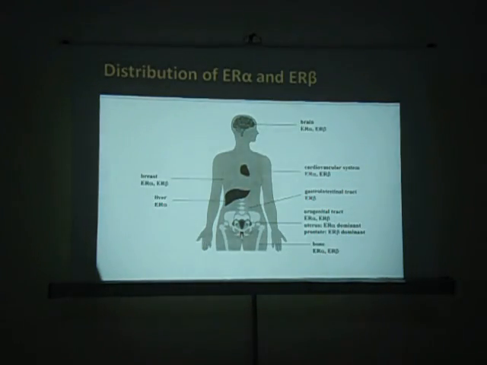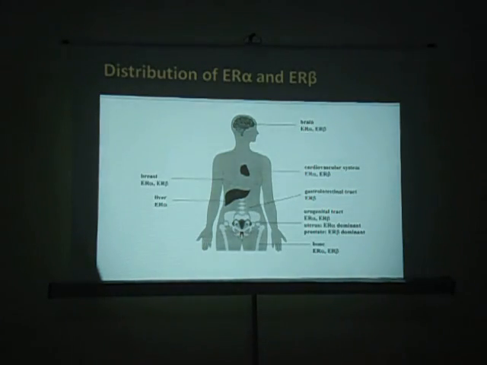In the breast again we have both alpha and beta. In the liver we have only alpha receptors, where the metabolism or conversion to estrogen takes place. In the cardiovascular system, both alpha and beta receptors are present.